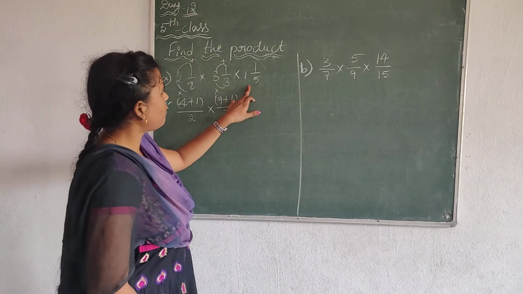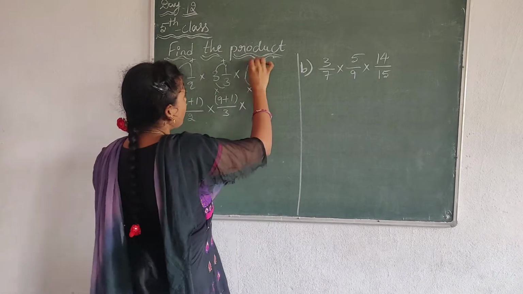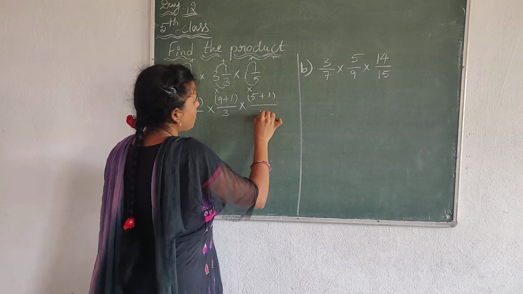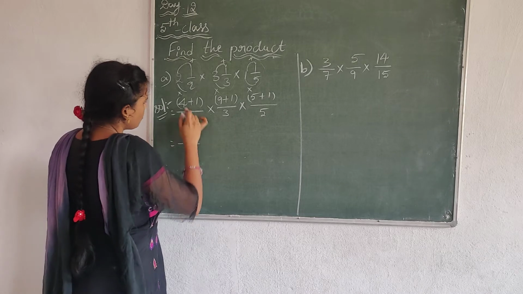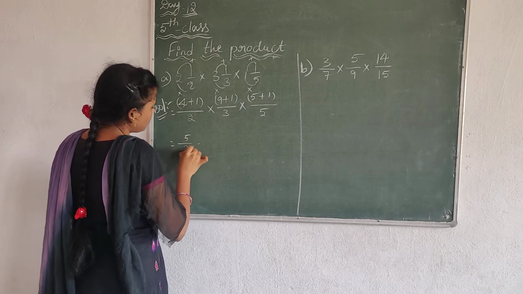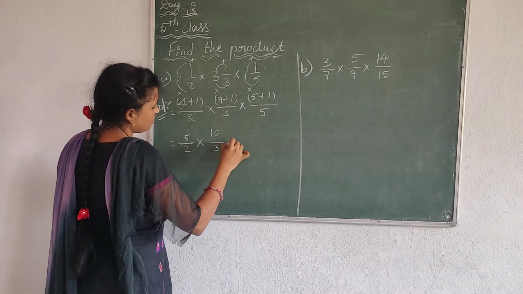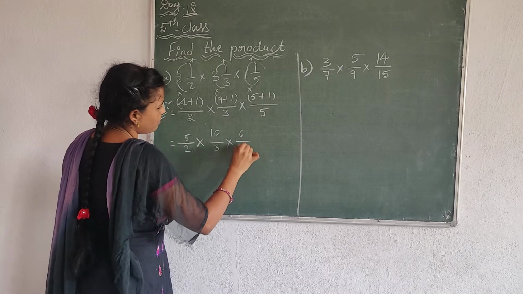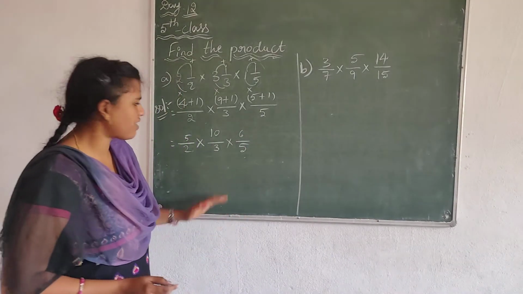Into, 5 1s is 5, 5 plus 1, by 5. So 4 plus 1 is 5 by 2, into 9 plus 1 is 10 by 3, into 5 plus 1 is 6 by 5. Right? We got the improper fractions.